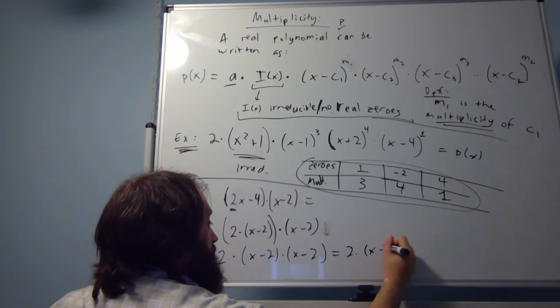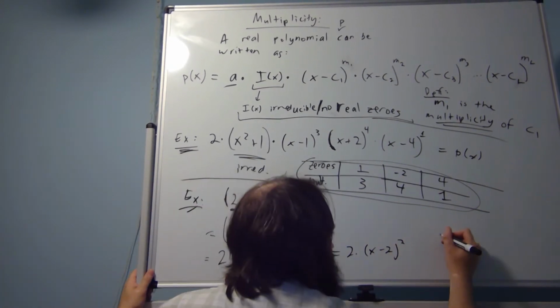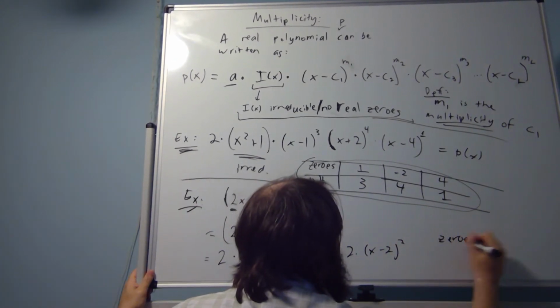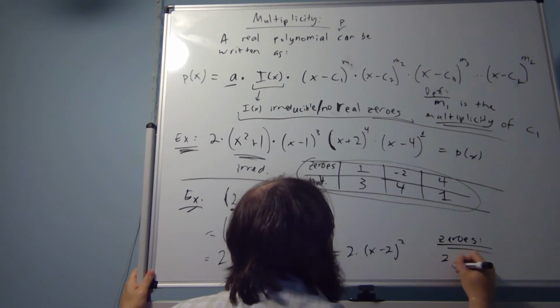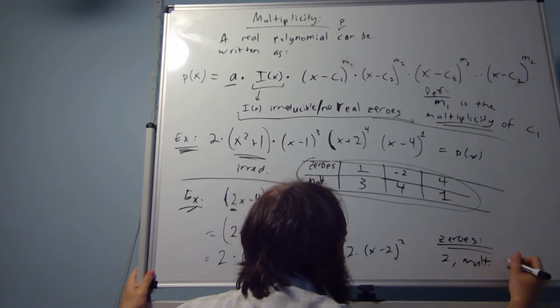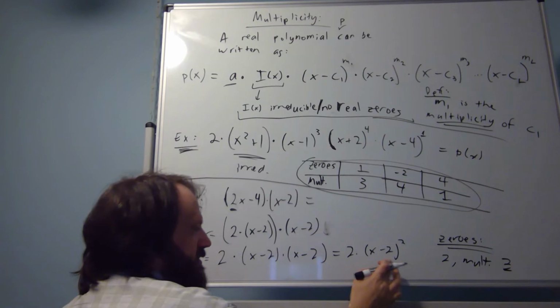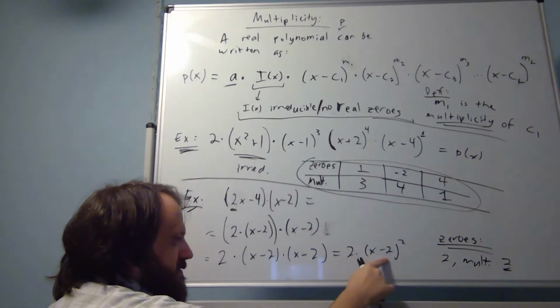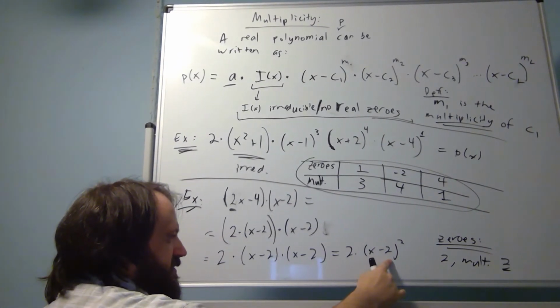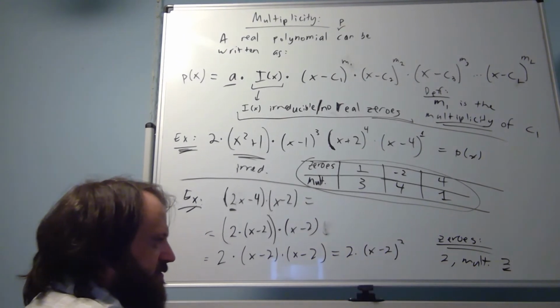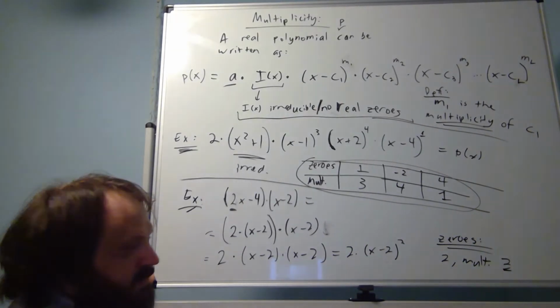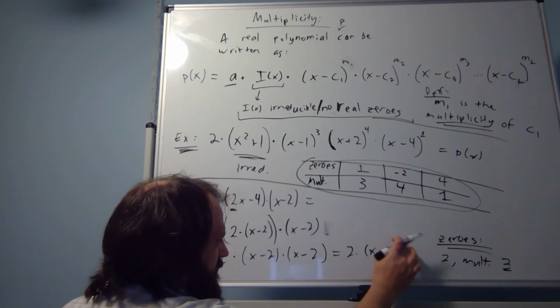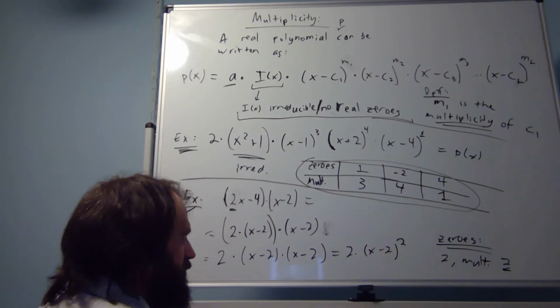So this is 2 times x minus 2 squared. For zeros, 2 is the zero because that's what you plug in to make it 0. X equals 2 makes x minus 2 zero. But there were 2 copies of that factor. We factored out x minus 2 twice.